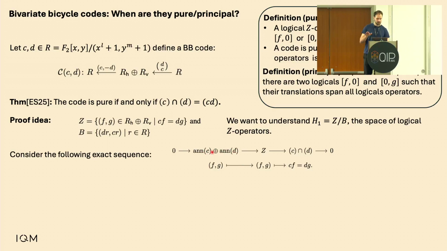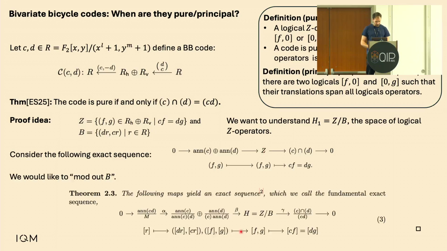But what we still need to do is take this exact sequence. We somehow need to have Z modulo B here instead of just Z. And it turns out that you can actually take this quotient. This is the main workhorse of our paper. So you have this exact sequence, which is a little bit longer.